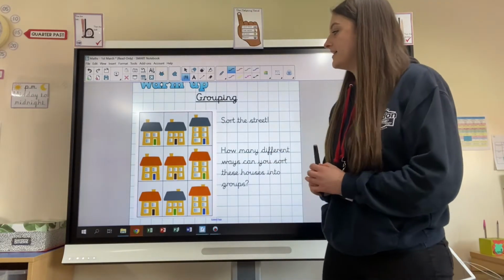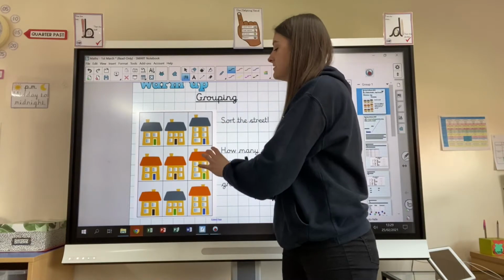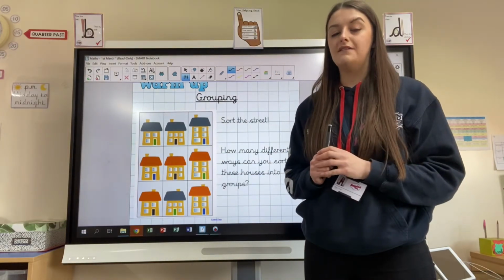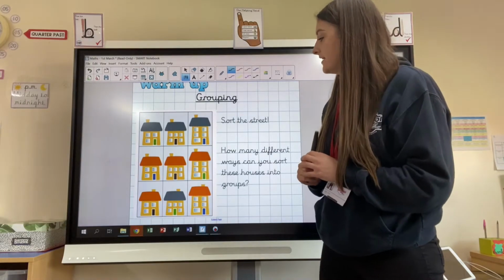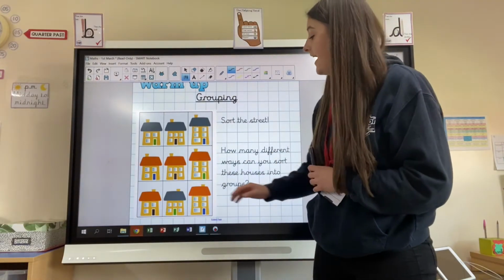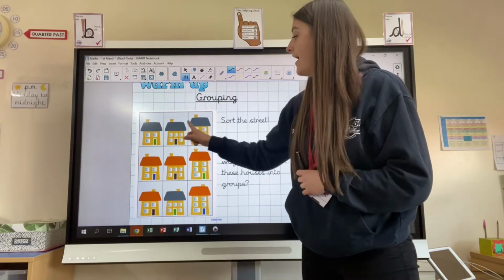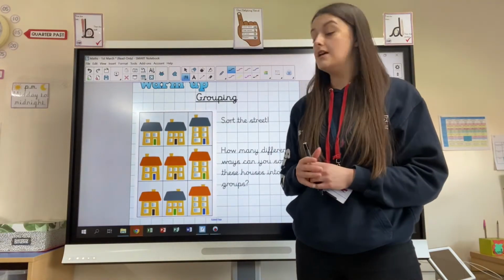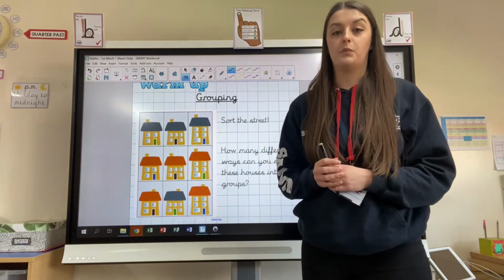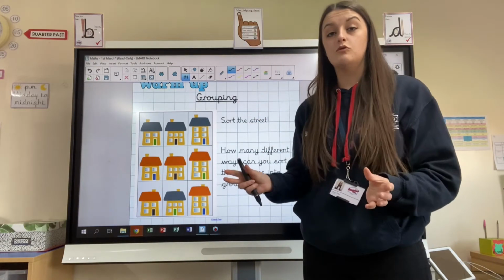What I mean by that is we can group these houses by their features. If I give you one example, I could split them into 2 groups because I could have one group of grey roofs and one group of orange roofs, okay?